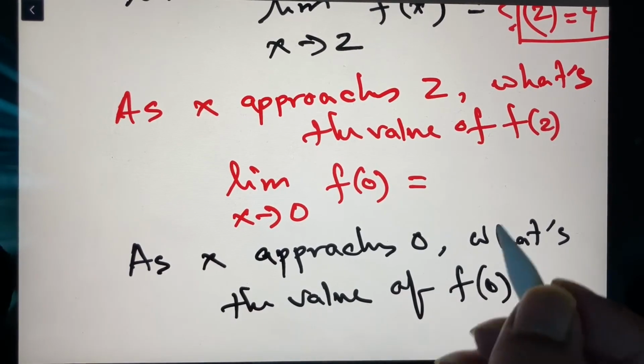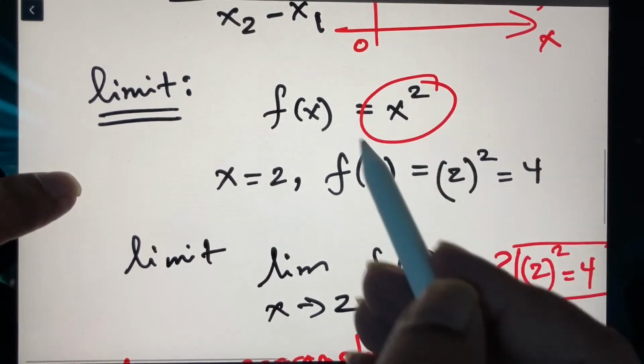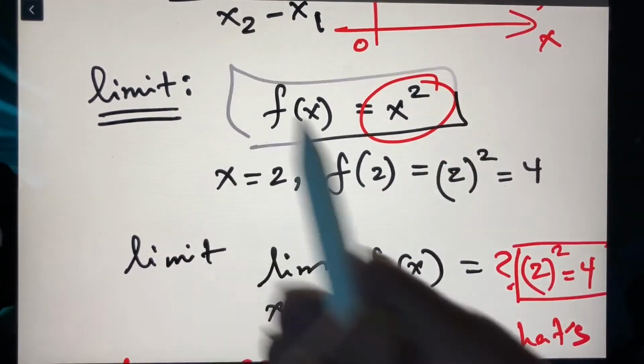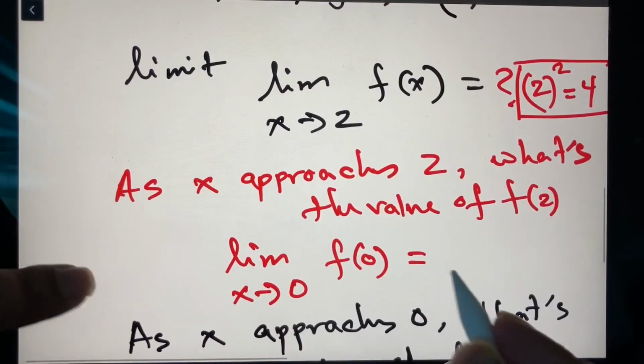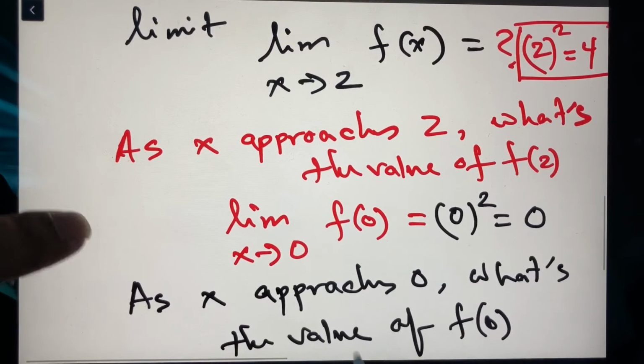Okay, so in this case, again, we are dealing with a really simple, straightforward function. So one thing we can do, we can just plug it in. So 0 squared is going to be equal to 0 for this specific problem.